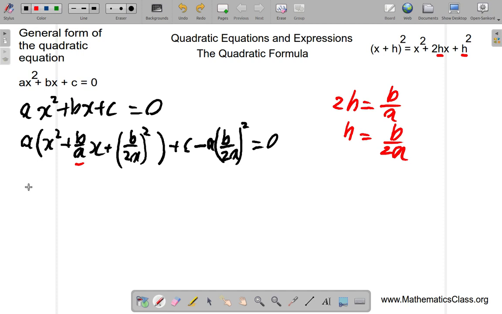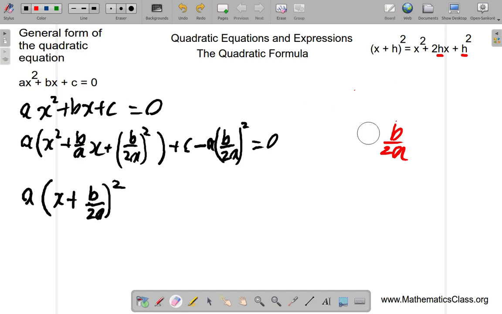So what we're going to do here is say this is a times (x plus h) squared. So it's x plus, our h is the same as b over 2a, so it's b over 2a, close bracket, squared. Good, you see that? Alright? Now, let's get rid of these markings. What we do here is going to fix this part up.